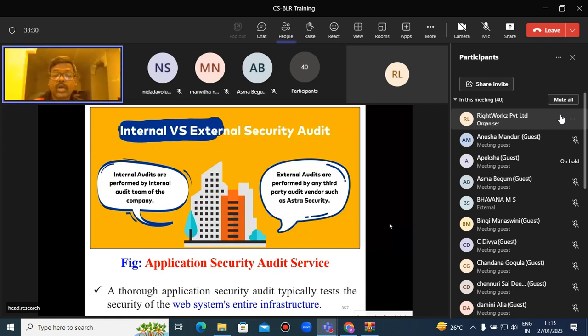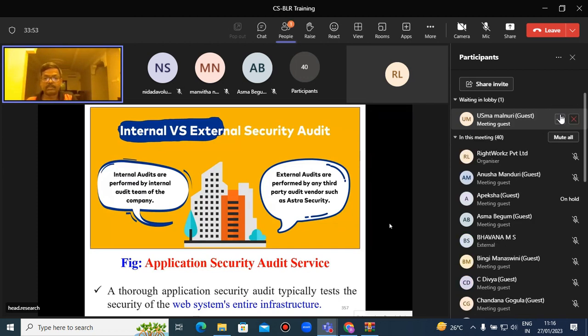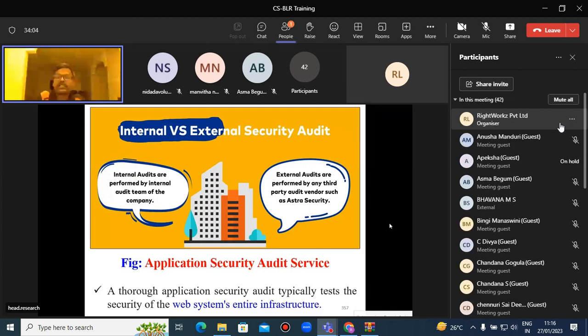They check the quality level of education, the quality level of employability, and the quality level of the security mechanism. Maybe by using a third party audit vendor, any third party company visits and checks the security mechanisms. Such types of audits are called external audits. A thorough application security audit typically tests the security of the web system's entire infrastructure.